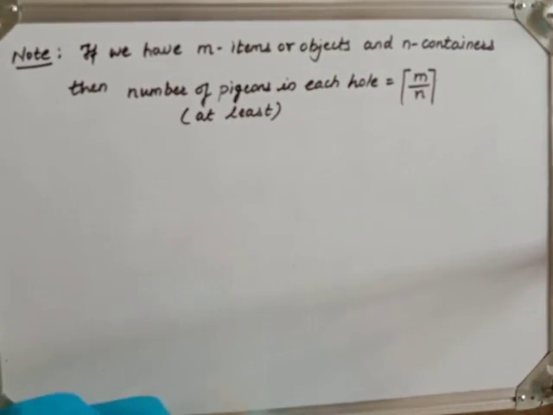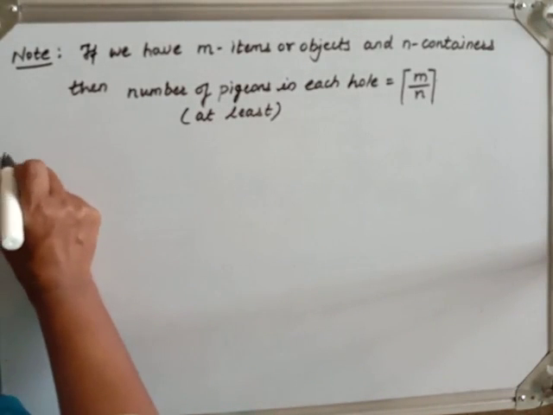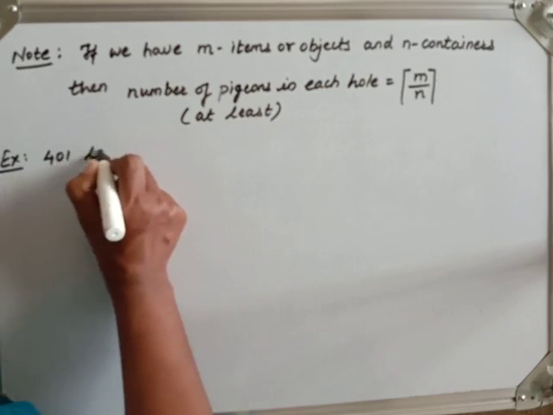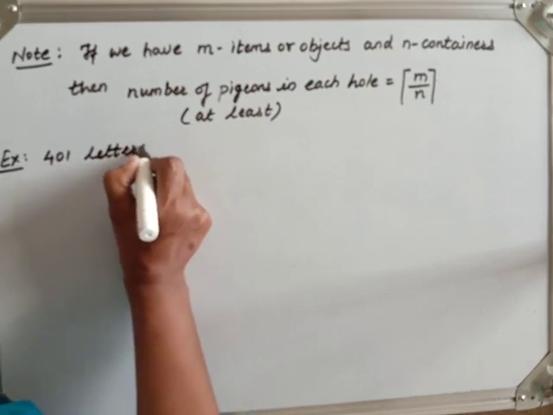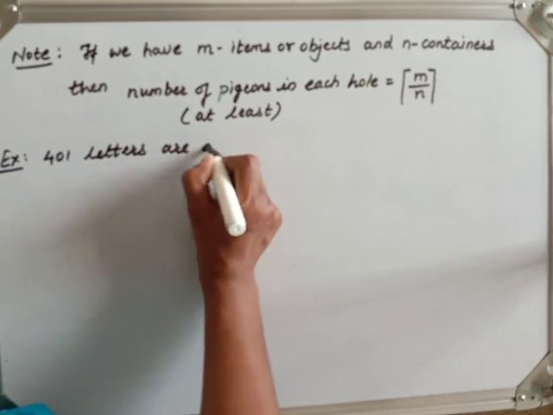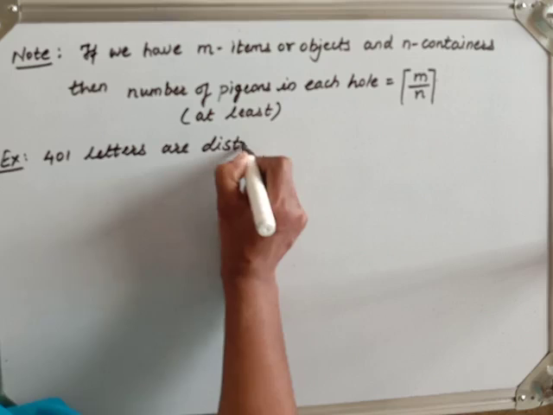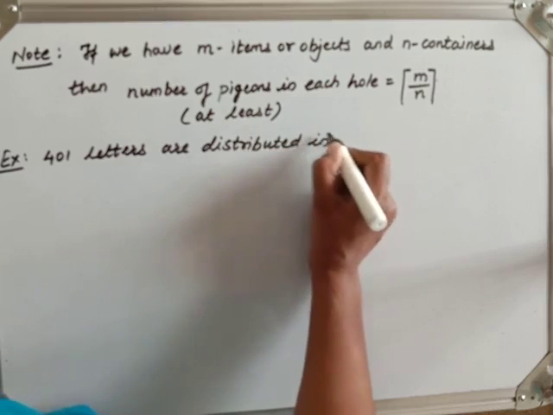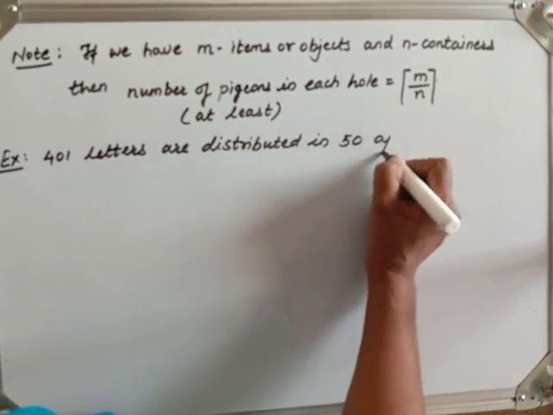Now the example. Suppose 401 letters are distributed in 50 apartments.